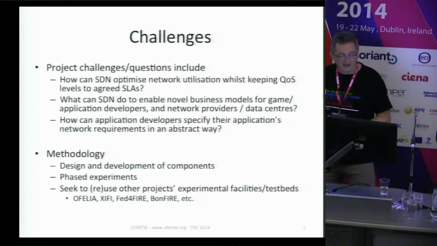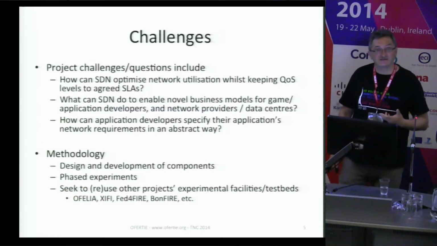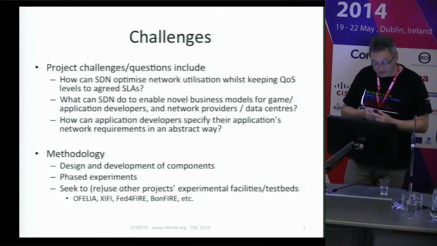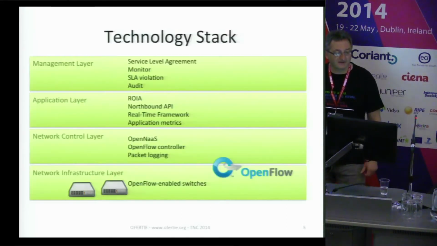In terms of the methodology, we've obviously been building some components here for the network control layer, the API. We're doing 2 phases of experiments. We're just at the end of the first phase of experiments at the moment, starting the second. And what we're doing in terms of facilities for this is reusing existing SDN deployments. So there was a previous project called Ophelia, and we're using the Ophelia testbed, but we're also looking at other infrastructures that we can apply this to as well.